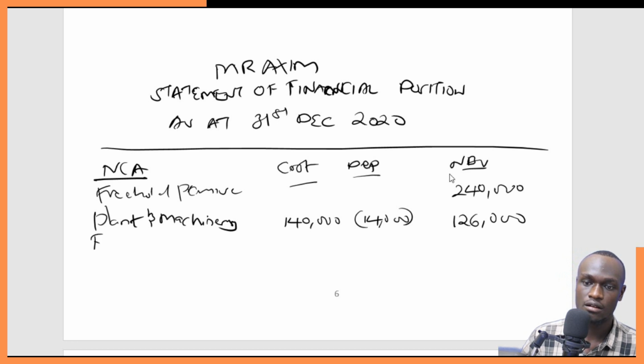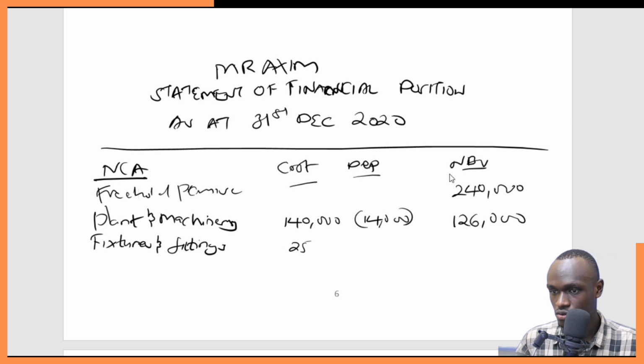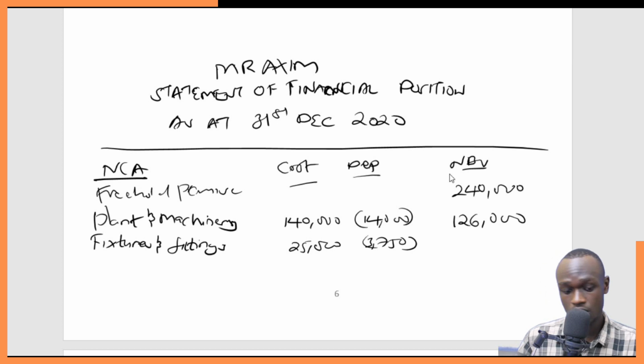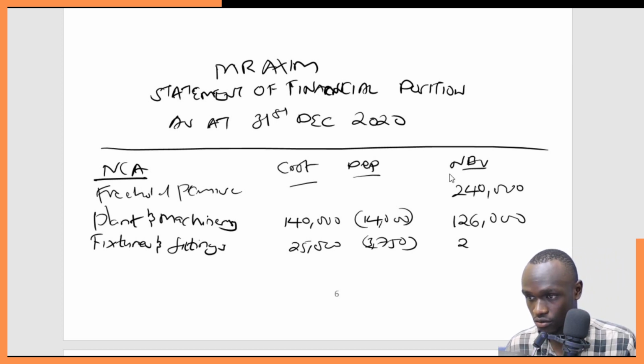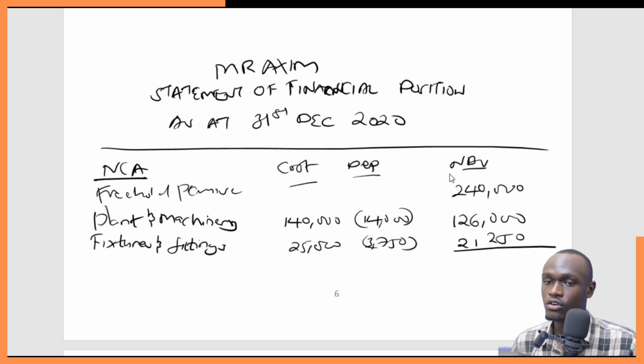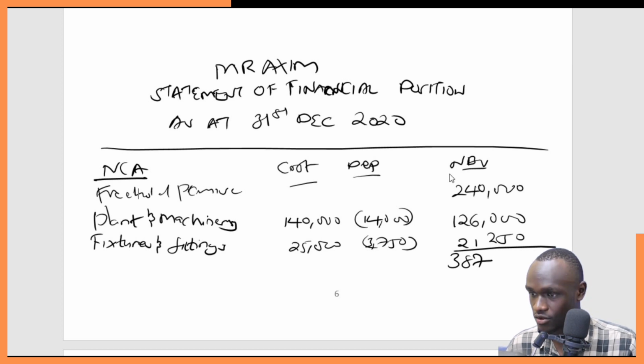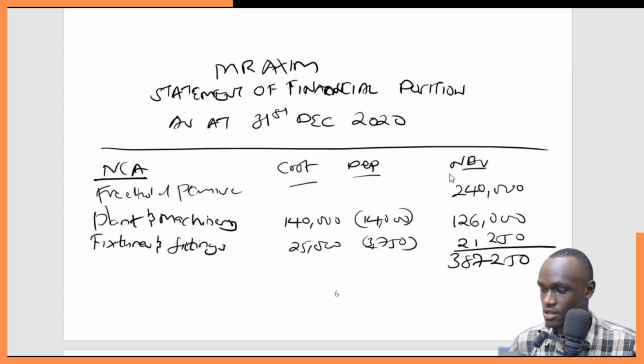Then fixtures and fittings at cost is 25,000. Depreciation is 3,750. The net book value will be 21,250. The total for non-current assets will be 387,250.